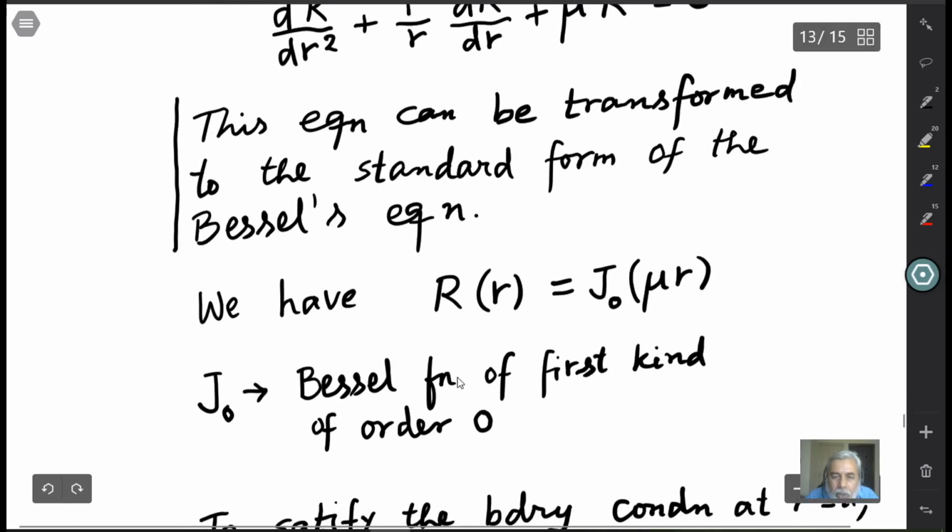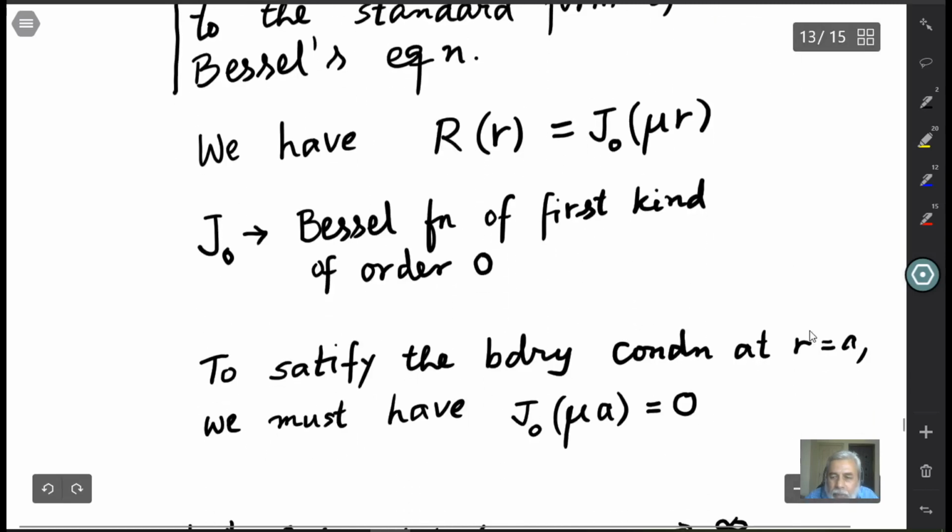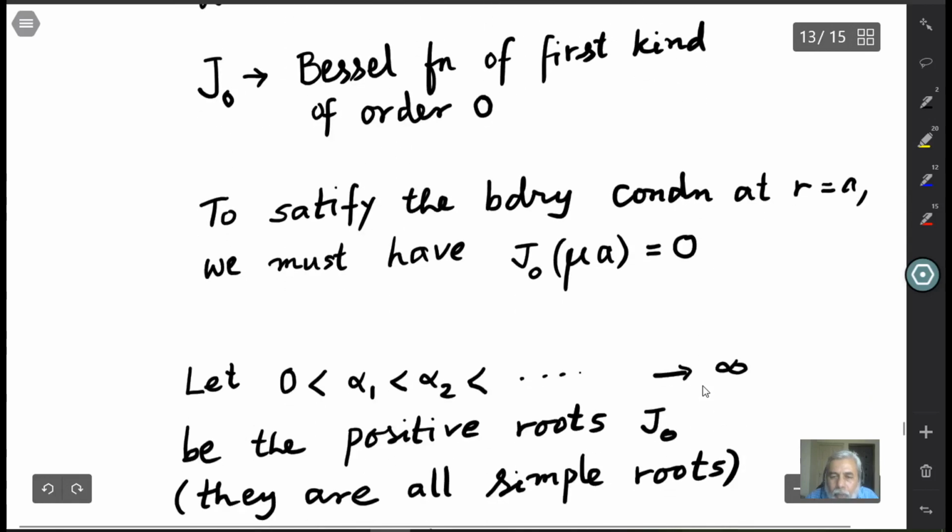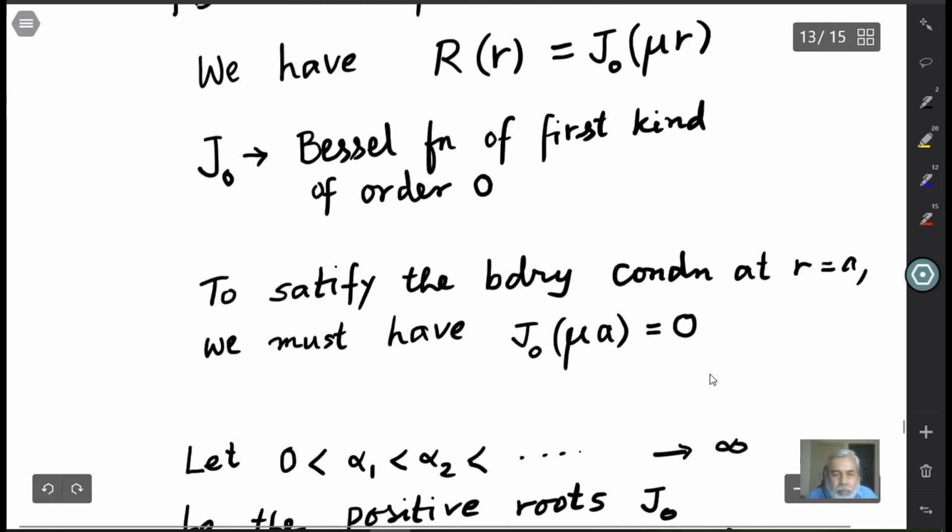So in order to satisfy the boundary condition at r equal to a, we must have J0(mu a) equal to 0. Okay, so it's an important property of this function, Bessel function of order 0: J0 has an infinite number of positive zeros.